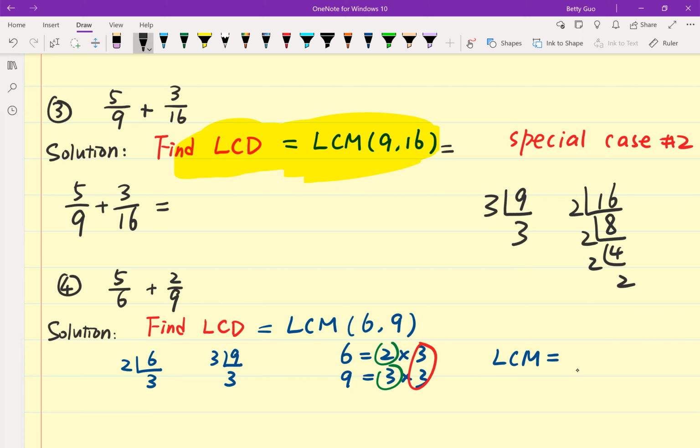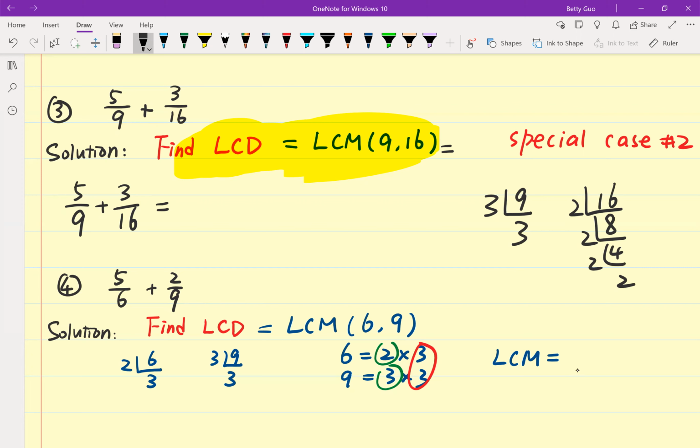Did we just go over special case number 1? Do we have a special case number 2? What is the special case number 2? How do we call the two numbers if they... Anybody remember? Mutually prime.